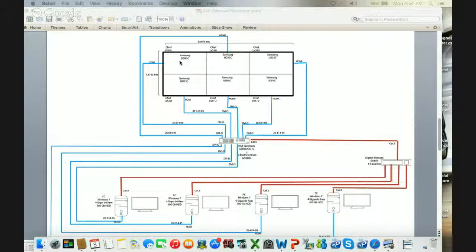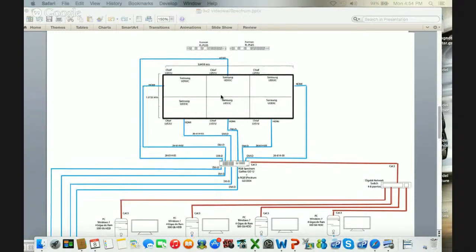In this case, we have chosen the Samsung UD55C. So we have 6 Samsung UD55C, and with this we are forming the 3 by 2 video wall.